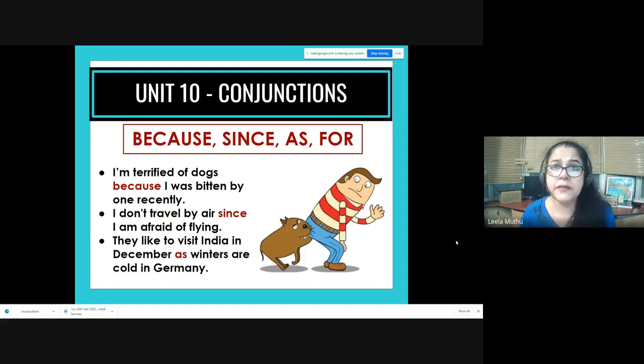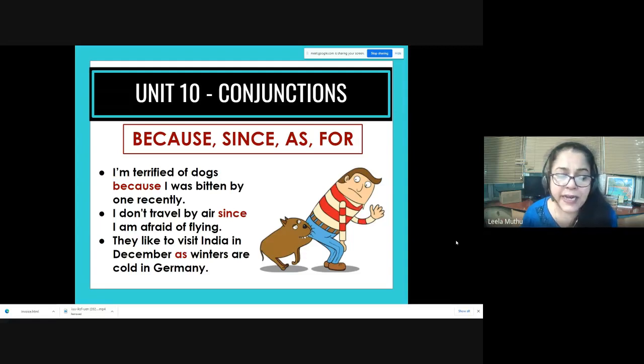He's cool with it. So I don't travel by car because or since I'm afraid of flying. Because I'm afraid of flying, since I am afraid of flying. So the second part of the sentence gives you the reason why for the first part.